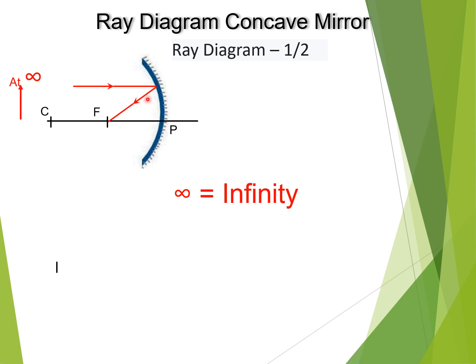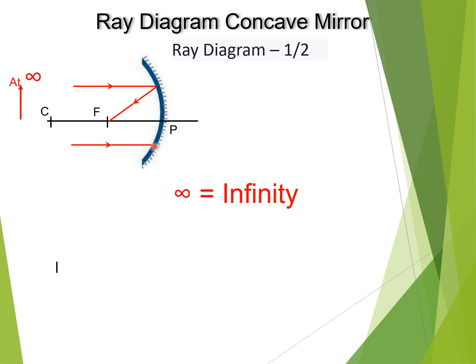So this is one of the properties of the concave mirror, that when the incident ray is parallel to the main axis, then it shall always pass through focus after reflection. Or vice versa, if the incident ray is passing through focus, it shall always become parallel to the main axis after reflection.